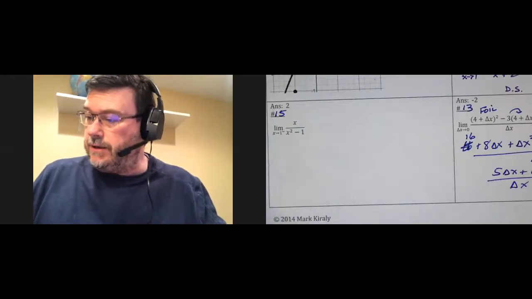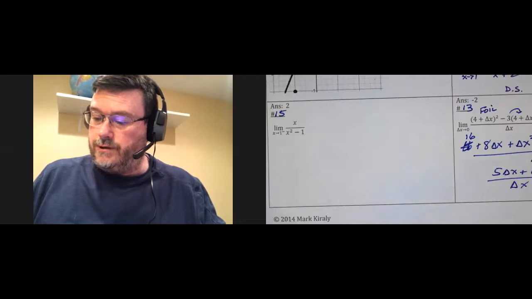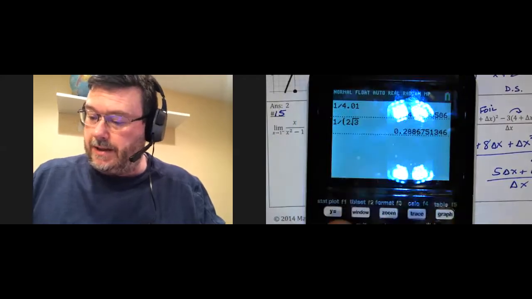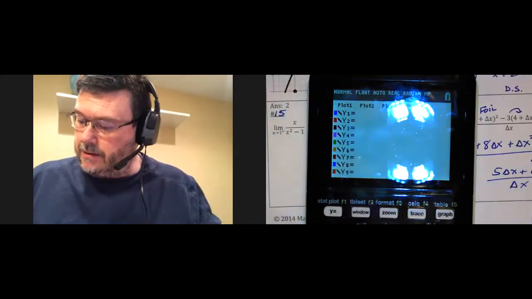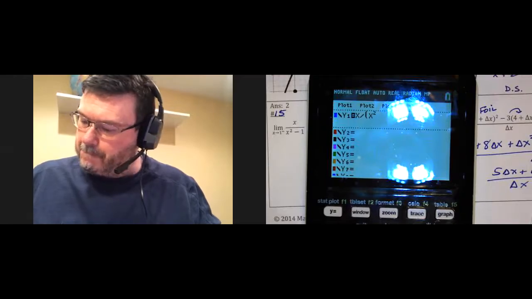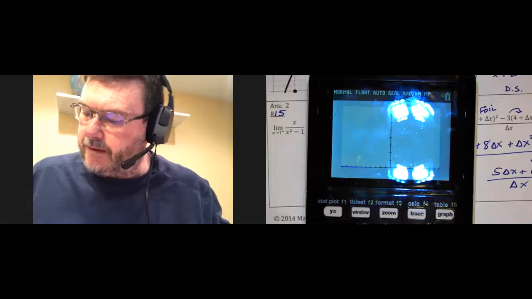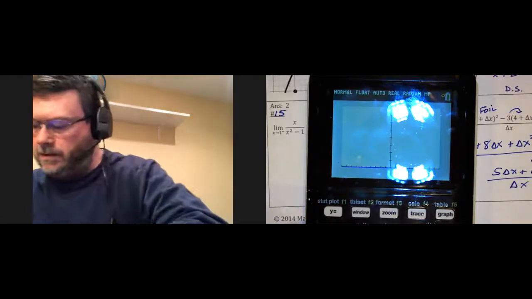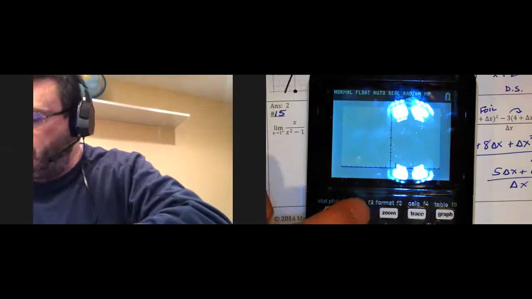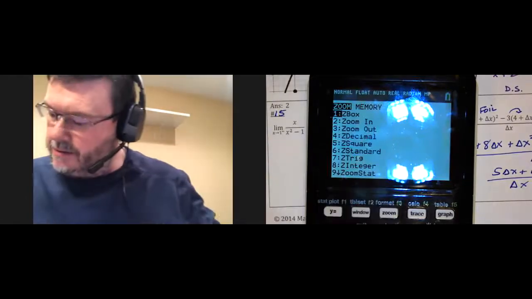So what I need to do is determine which way it goes. So you can do x divided by this x squared minus 1. Let's do zoom standard.